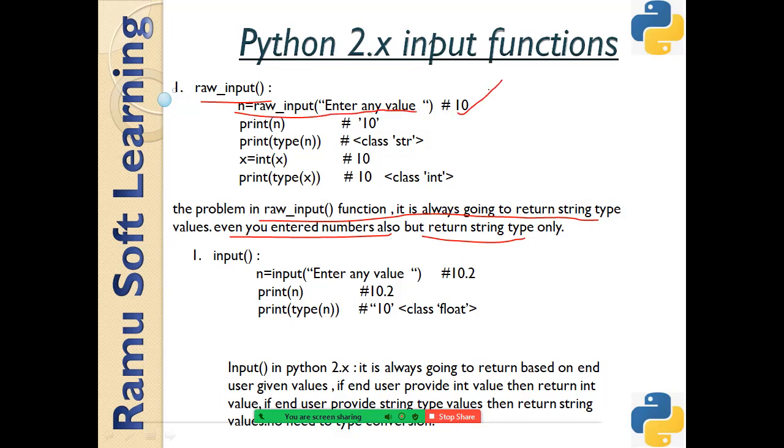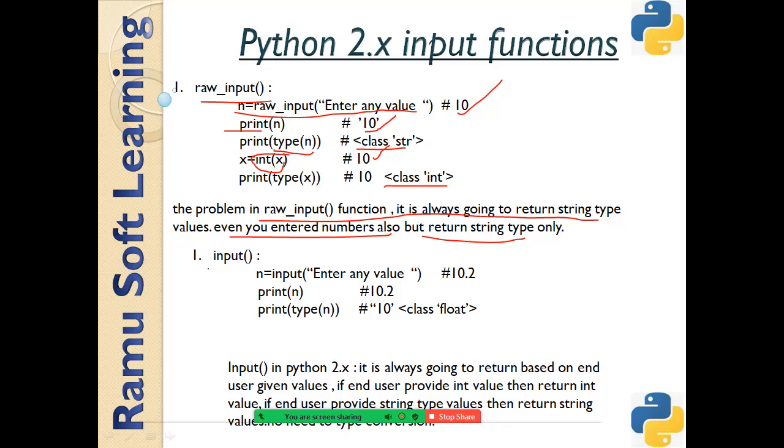Suppose we enter 10, then print n shows the raw_input value 10 as a string. If you check its type using type, it shows the class str. Then you need type conversion, int of x, and automatically the value prints 10. Now if you check it, the class is int. So raw_input always returns string values only.